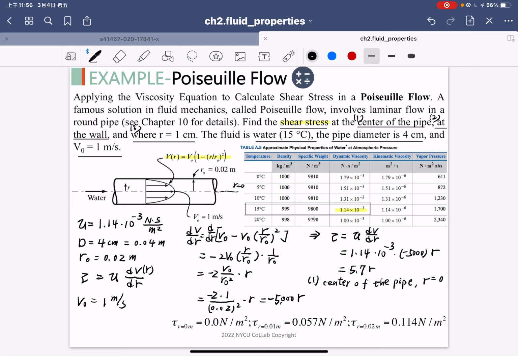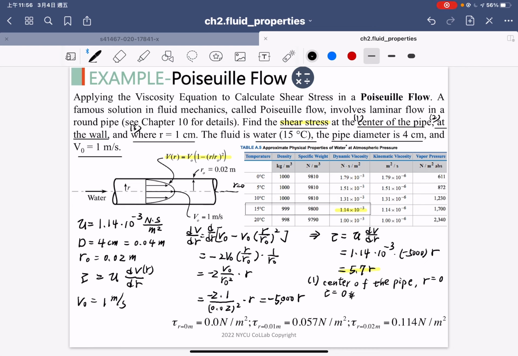Okay, so we put R equal to 0 into this equation. So tau at the center is equal to 0. Okay? That means at the center line, the flow velocity is maximum because there is no shear stress, so the material can flow freely.